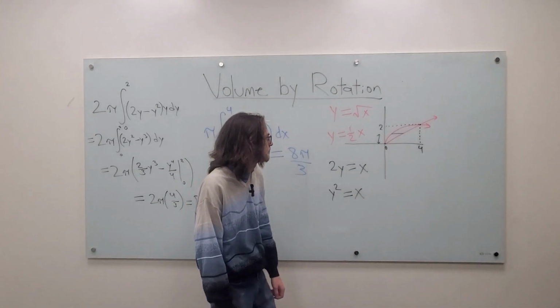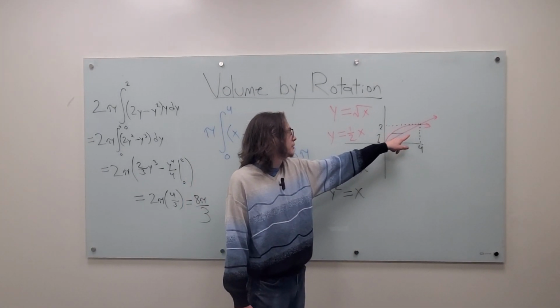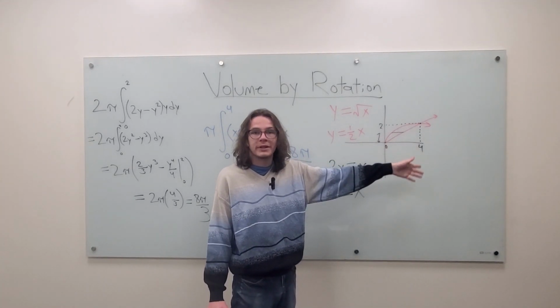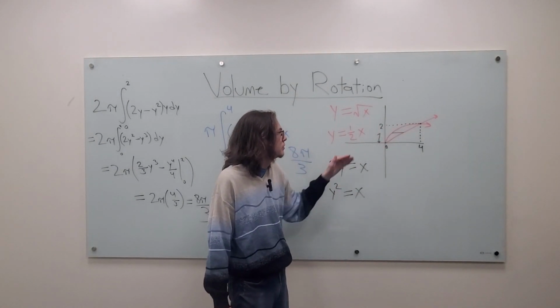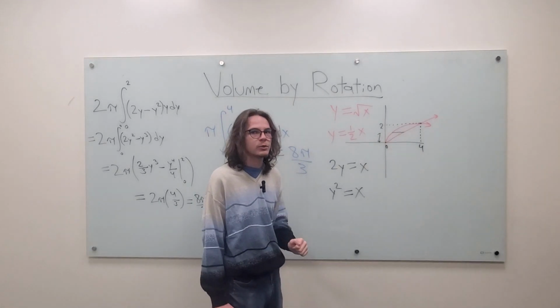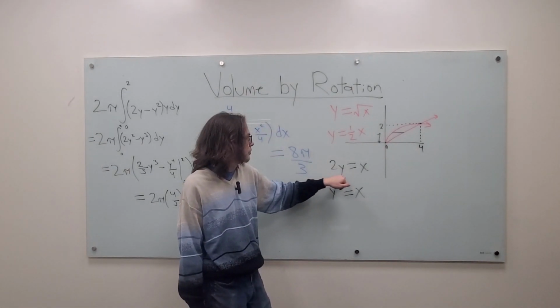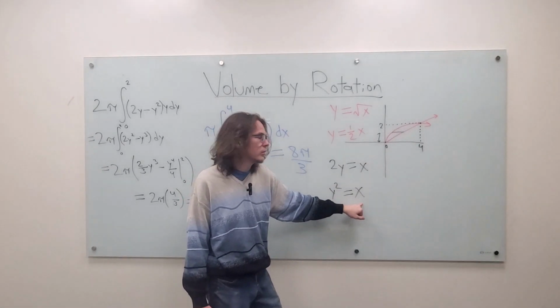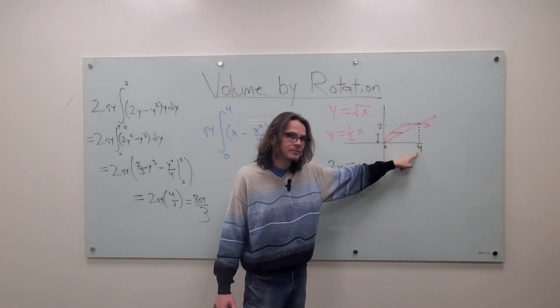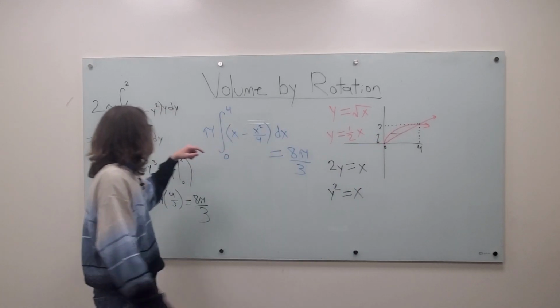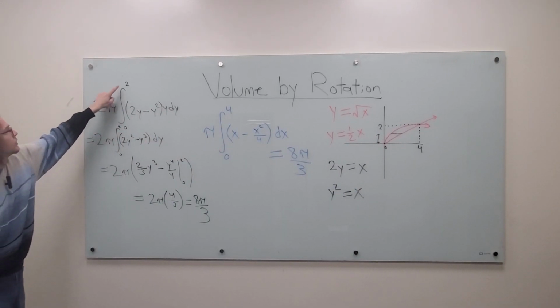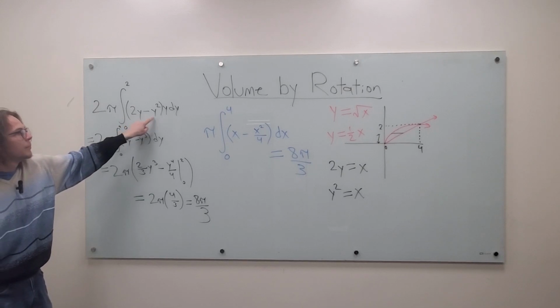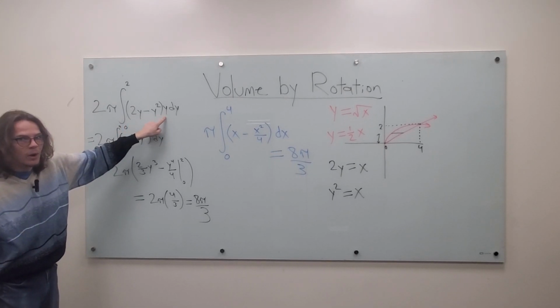Now, instead of 4, which was our boundary for the disk method, we're going to be using 2, because again, we're integrating with respect to y, and 2 times 2 is 4, and 2 squared is 4, which will give us our x value. So our bounds are going to be from 0 to 2 of 2y minus y squared times y.